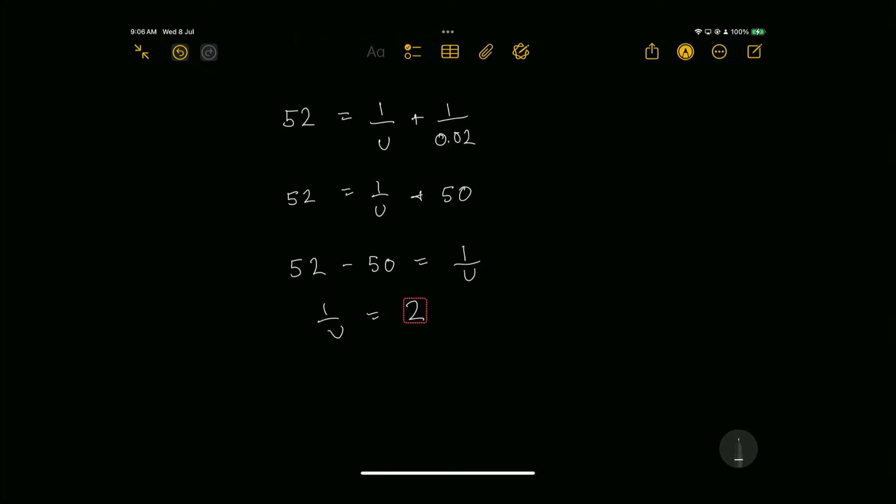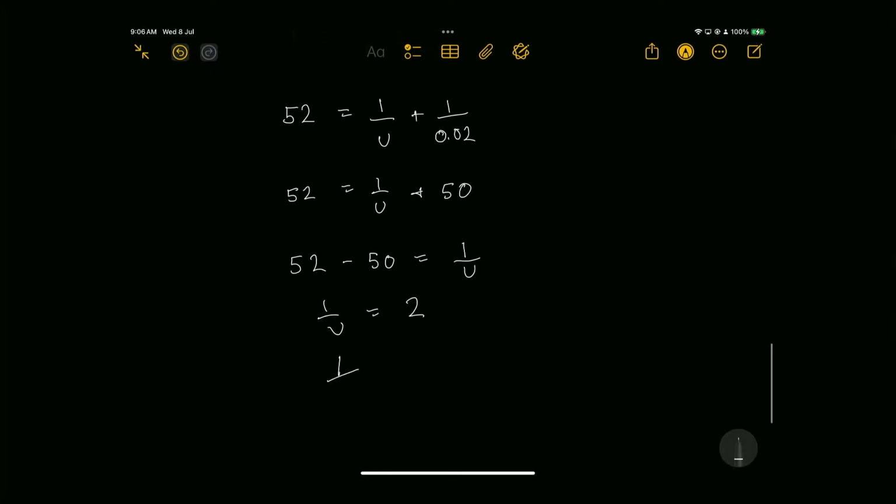So to find U, we have to take 1 over 2. We take the inverse of both sides. U would be equal to 1 over 2. Now this would be in meters, so this is 0.5 meters. So this would be 50 centimeters.